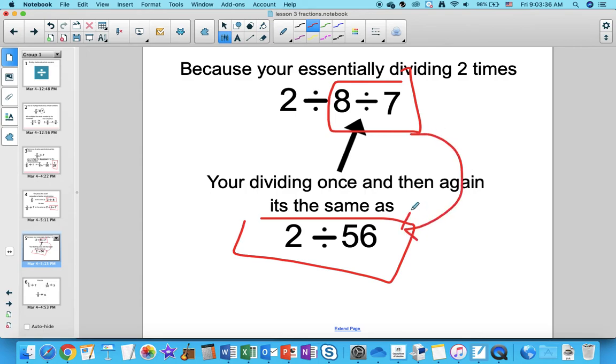It's the same as multiplying 8 times 7 and dividing by that. So that's basically why that trick works. So the shortcut for dividing fractions by whole numbers is you take the whole number and multiply the denominator. The shortcut for multiplying fractions and whole numbers is taking the whole number and multiplying it by the numerator.